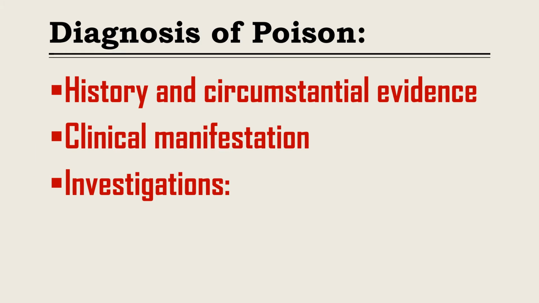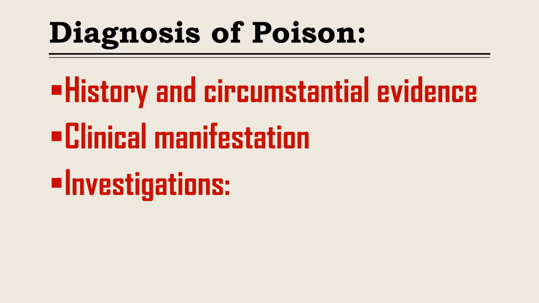Okay, how to diagnose a toxic patient? You have a patient come to you in the toxicology unit. How do you know that this patient is a toxic patient and not another specialty or another condition?